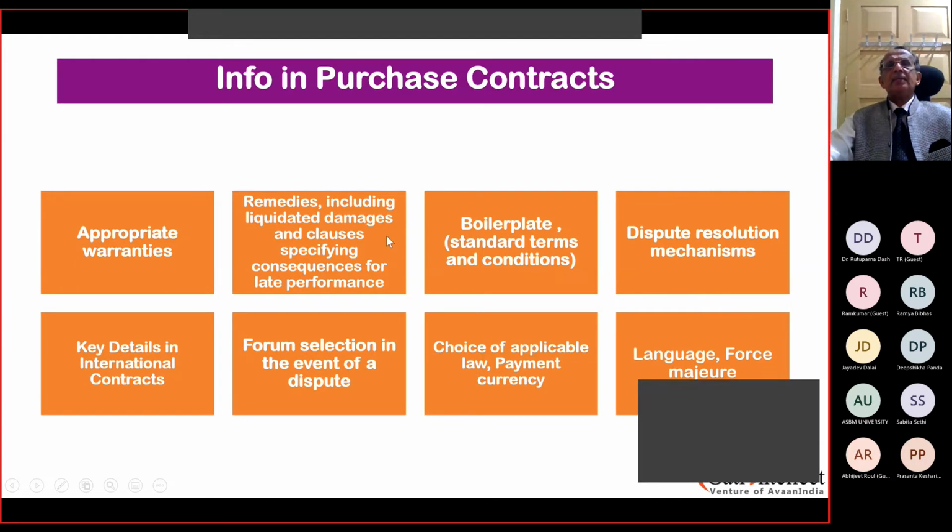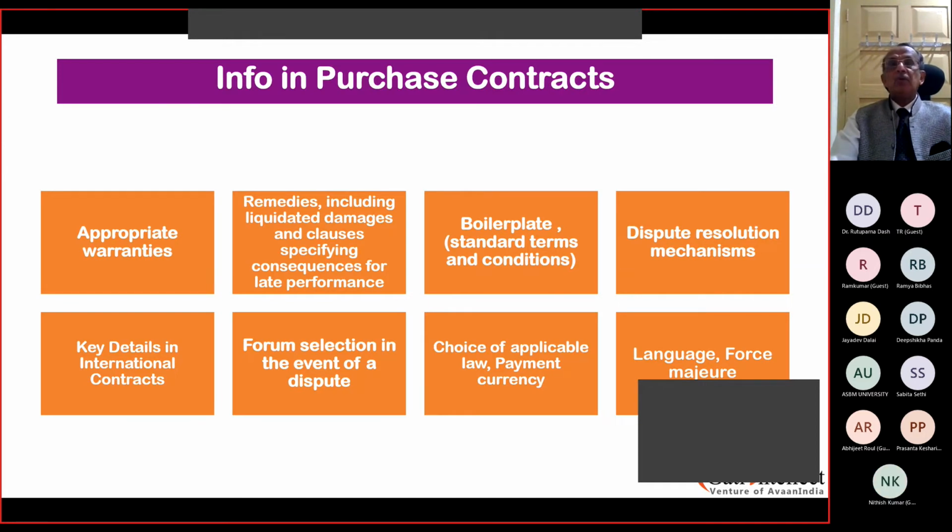Now, remedies, including liquidated damages and clauses specifying consequences for late performance. It's a common statement that you will be punished if you deliver late. If you do not supply the materials on time, you will have a late penalty. That late penalty can be imposed only on the main contractor, and only if it's a turnkey project.